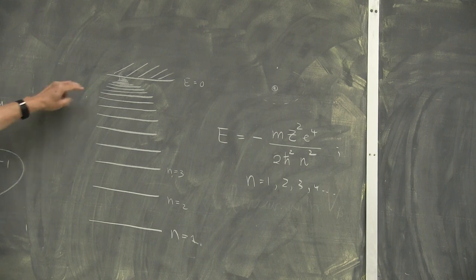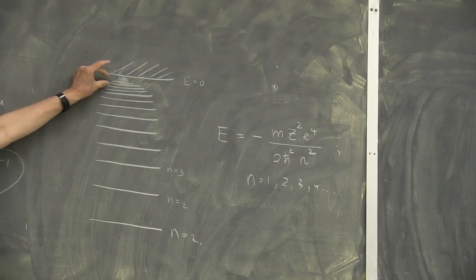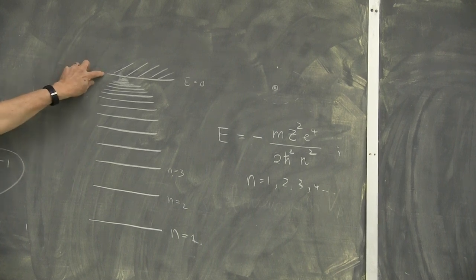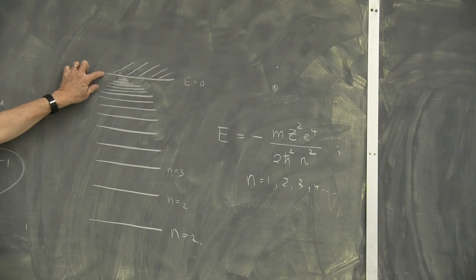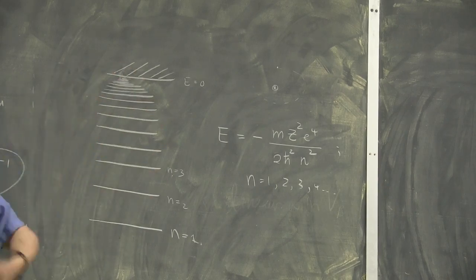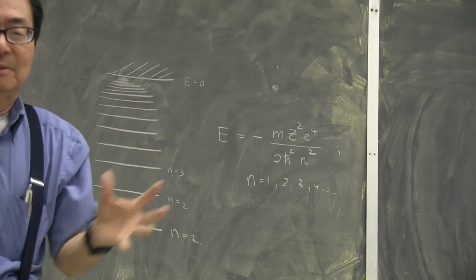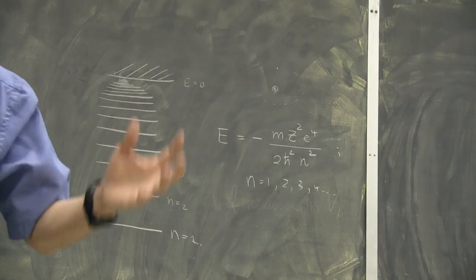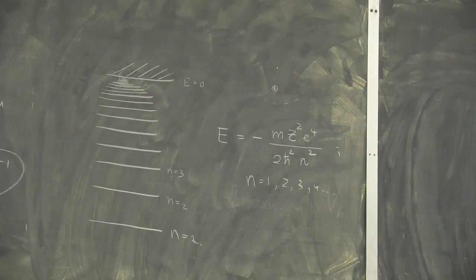That's why they're infinitely dense. This is called the ionization level, by the way. It's called the ionization level because once you give that much energy, the electron is ready to be ionized. It means that it gets outside of the attractive realm of the nucleus, so to speak.